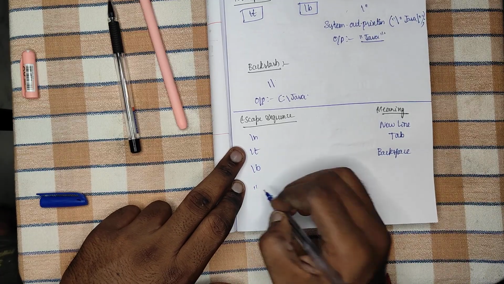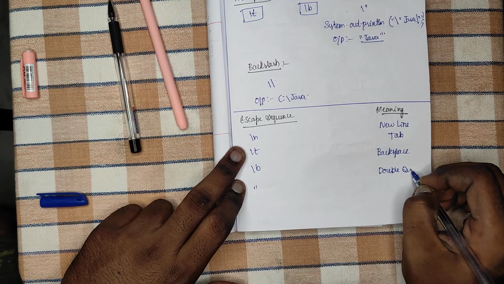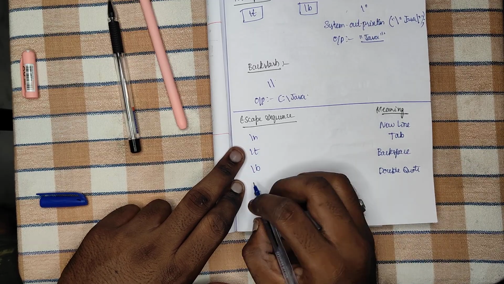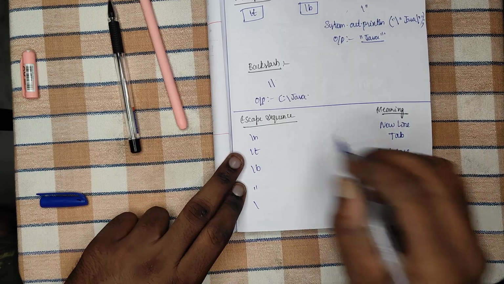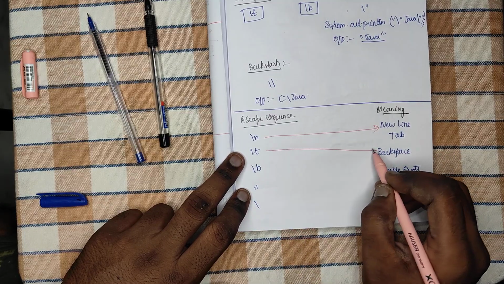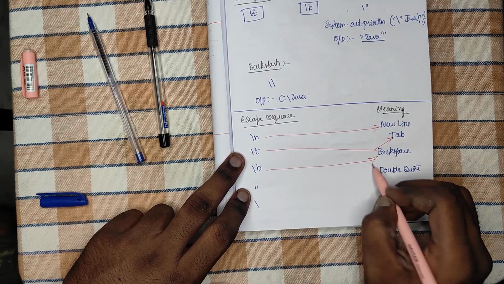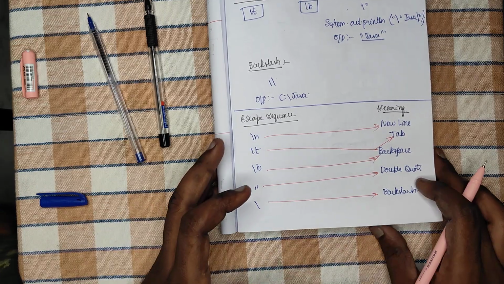So \" is a double quote, so \\ is backslash. So to see this, this is it.